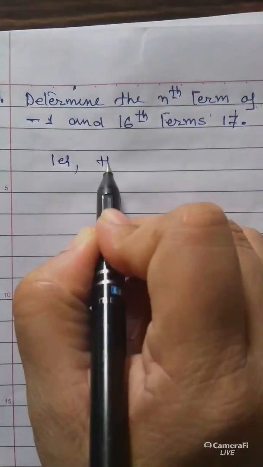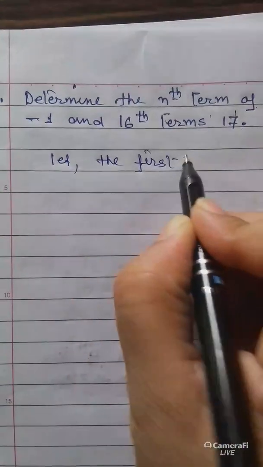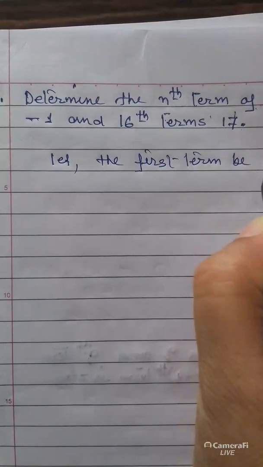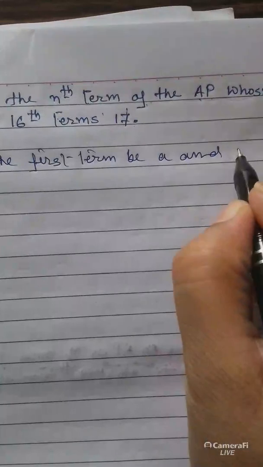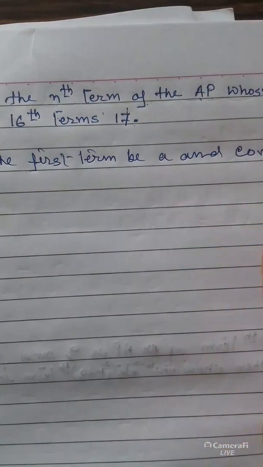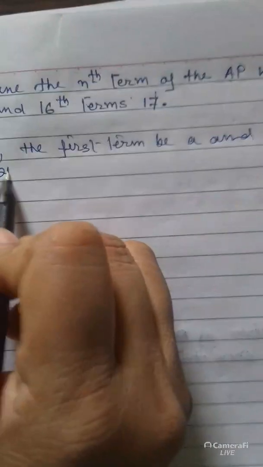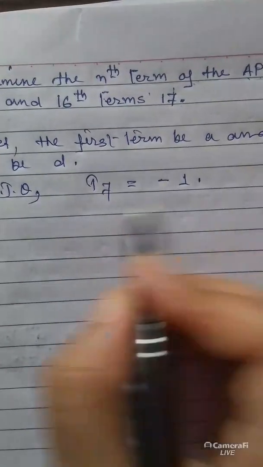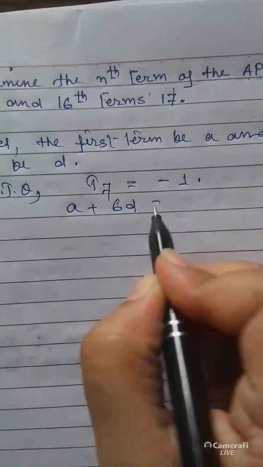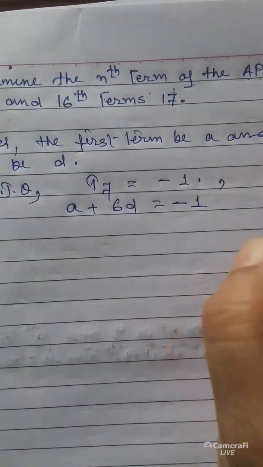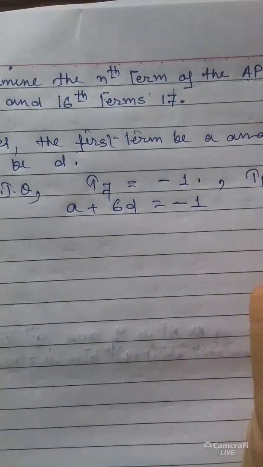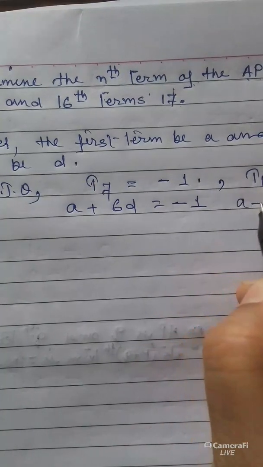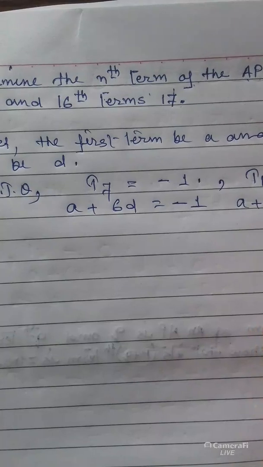Let the first term be A and the common difference be D. Now according to the question, the 7th term is minus 1, so T7 equals minus 1: A plus 6D equals minus 1. And T16 equals 17 means A plus 15D equals 17.